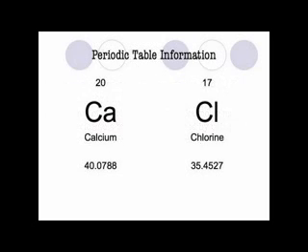Here's a look at some information that would be found on most periodic tables. We have 2 elements represented here, calcium, which is represented by the symbol Ca, and chlorine, which is represented by the symbol Cl. Now there are 2 round, smaller numbers for calcium 20, for chlorine 17. That's known as the atomic number, and it represents the number of protons in the nucleus of the atom.